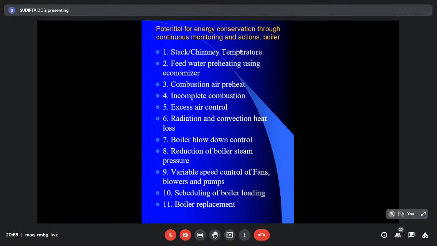Next sentence, incomplete combustion can be identified by continuous monitoring of flue gas composition and analysis of ash. Full stop.